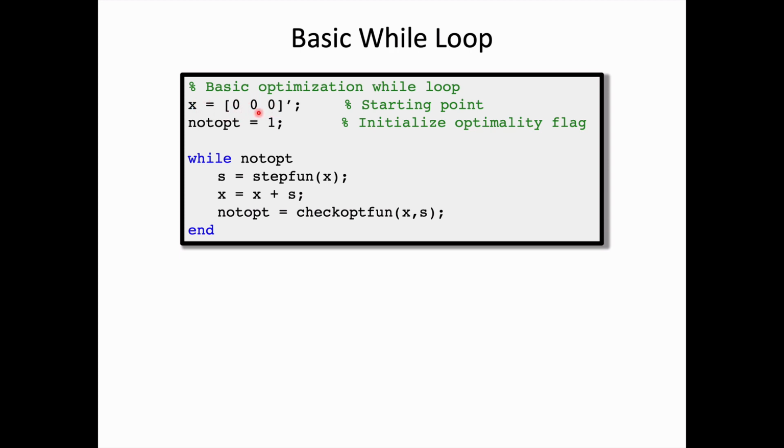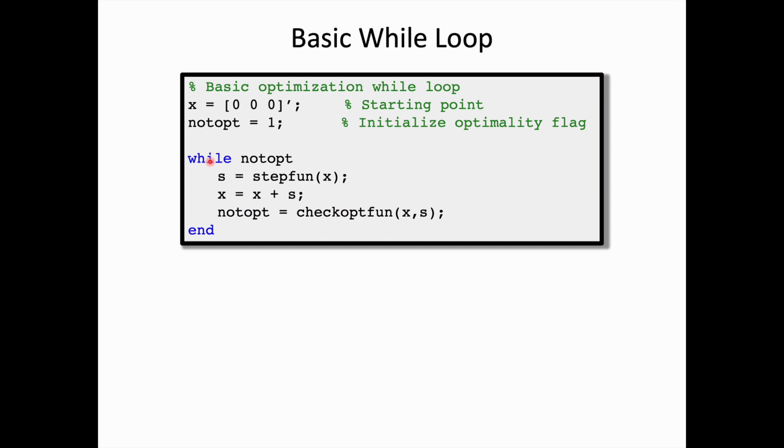Here's a vector of length 3, and I'm initializing my logic condition for the while loop. So I'm indicating that if this variable, not opt, is true or equal to 1, then we are not optimal. So we need to keep going. We need to keep searching while our current point is not an optimal point. And so I'm calling this the optimality flag.